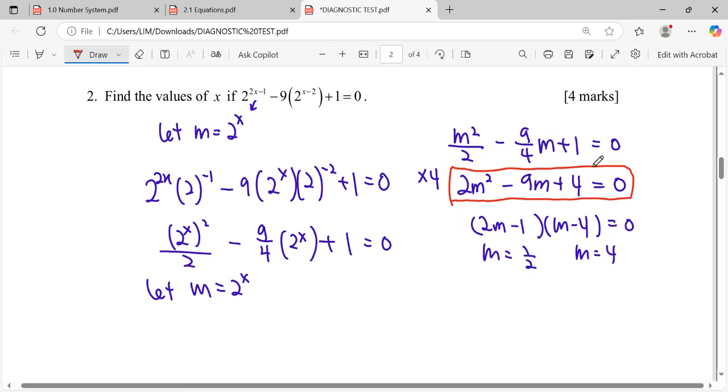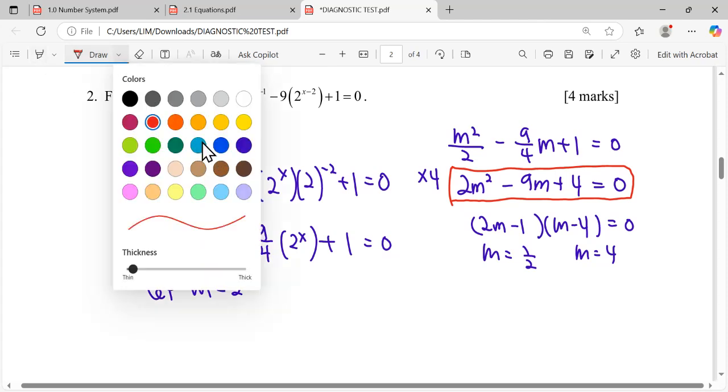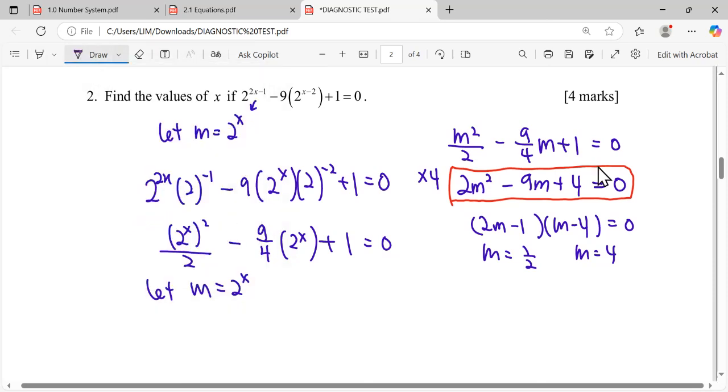Alright, that will make you lose marks and shows that you definitely do not understand what is quadratic and factorization. Factorization and quadratic equations are supposed to be equal to each other here.